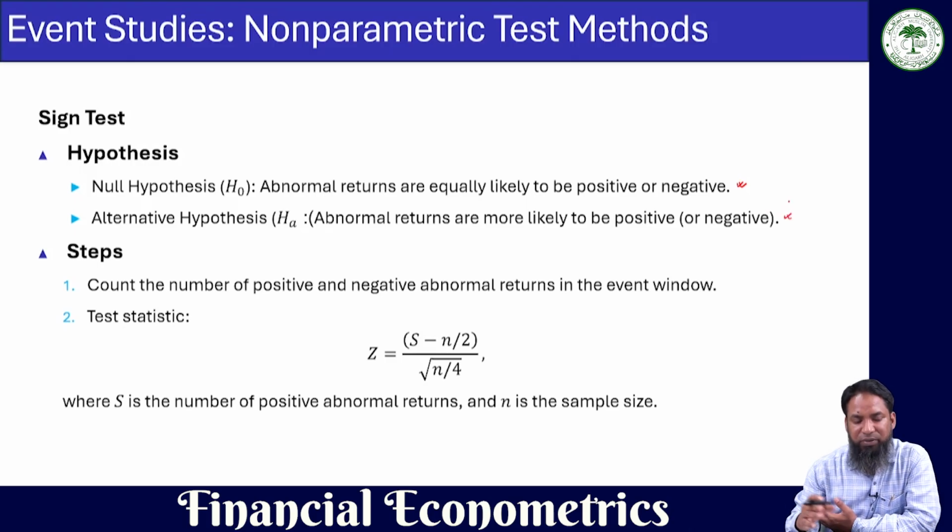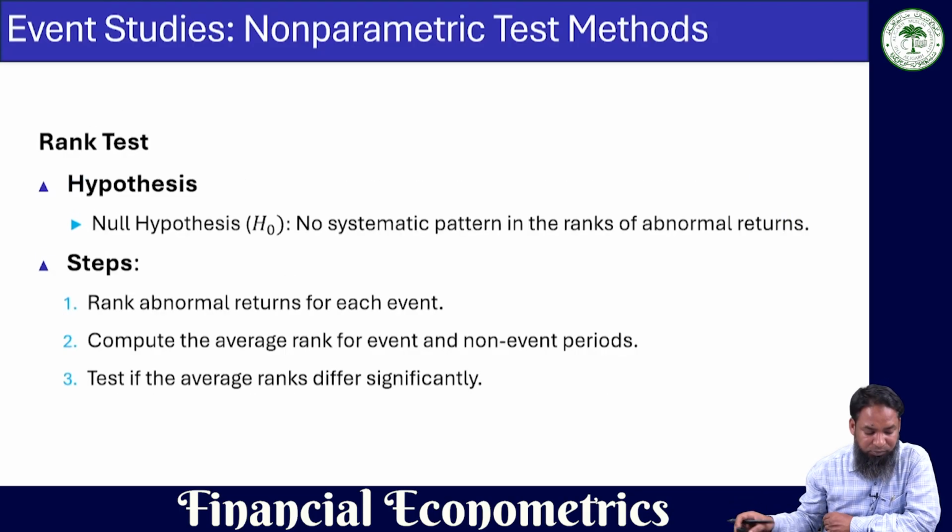So count the number of positive and negative abnormal returns in the event window. Then the test statistic is (S minus n/2) divided by the square root of n/4, where S is the number of positive abnormal returns and n is the sample size. Based on this statistic, we can accept or reject the null hypothesis.